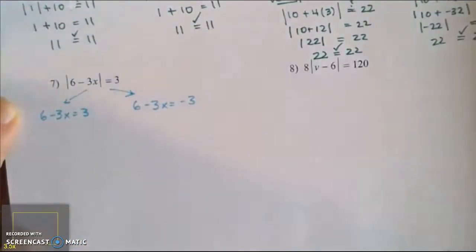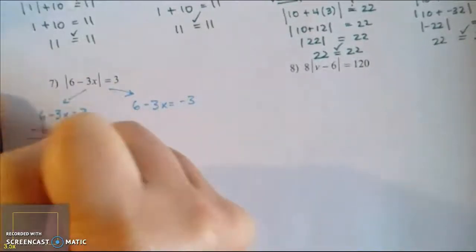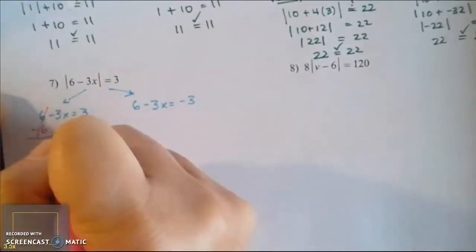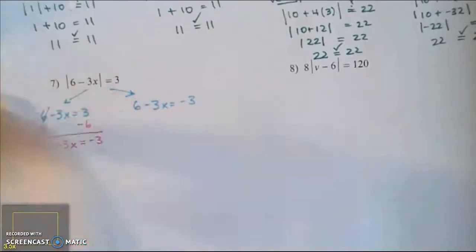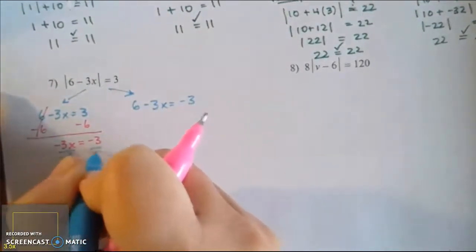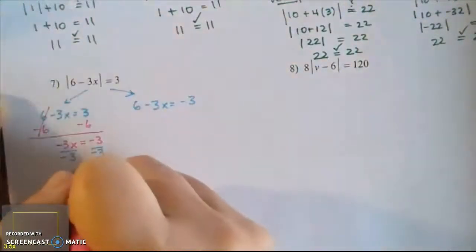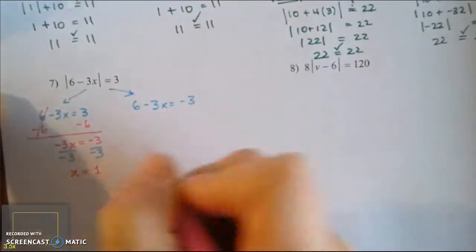So I'm going to quickly add 6 to both sides. That leaves me with negative 3x is equal to 3 plus 6. Then from here, I am going to divide both sides by negative 3.